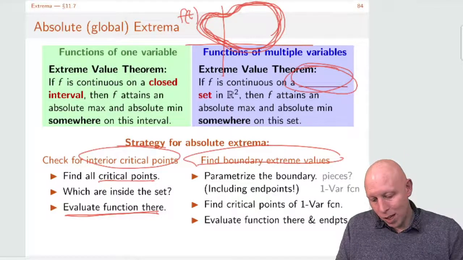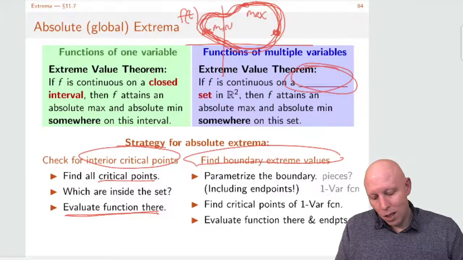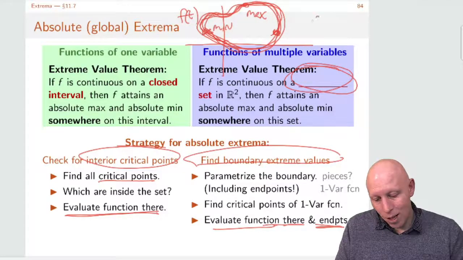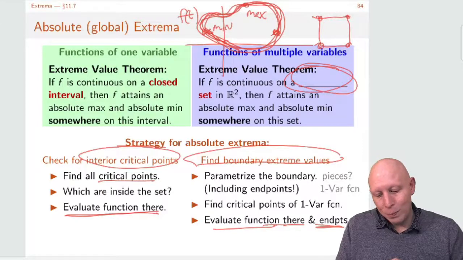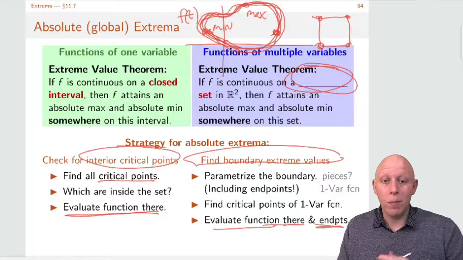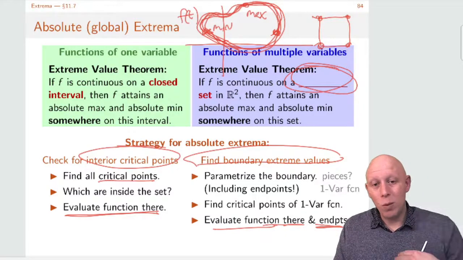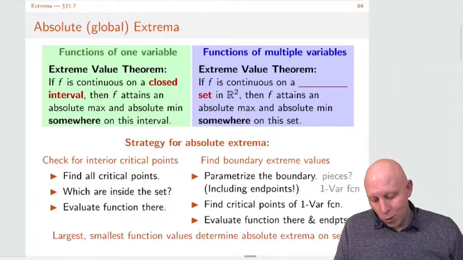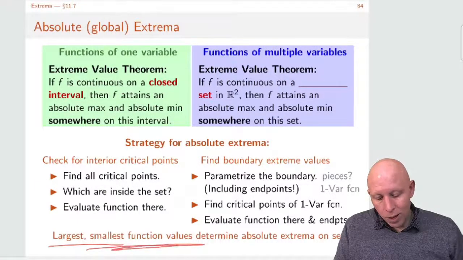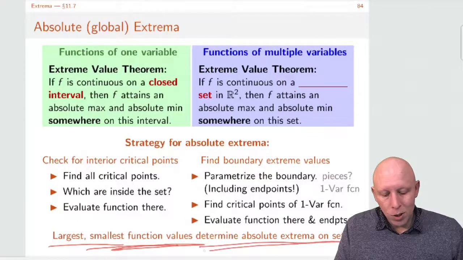So somewhere along here we had a min, somewhere along here we had a max, we had different critical points for different values of t. You evaluate the function there, and at endpoints, right? If you have a square, you might have to check the corners as well. But now we have a whole bunch of possible points where the maximum occurs, and a whole bunch of points where the minimum occurs. You find the largest and the smallest function values, so you can determine the absolute extrema on the set.